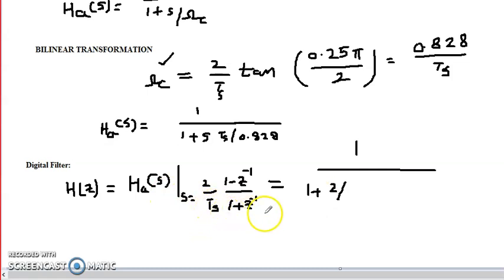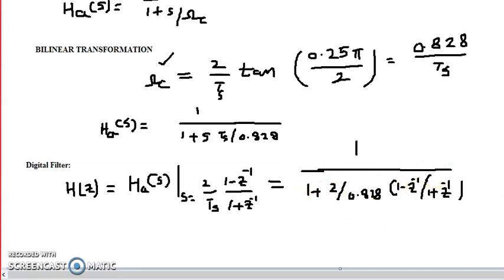Ts is taken to be 1 second, so it will be 1 plus (2 by 0.828) times (1 minus z raised to power minus 1) divided by (1 plus z raised to power minus 1).